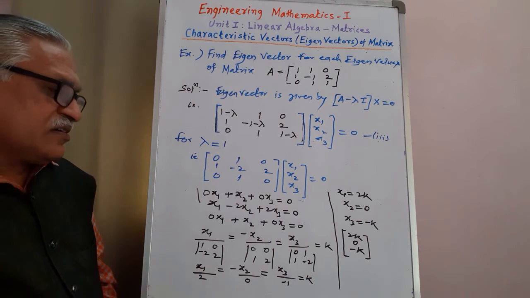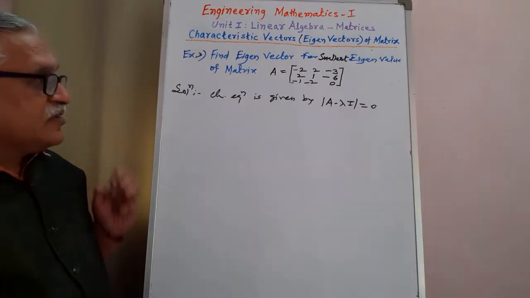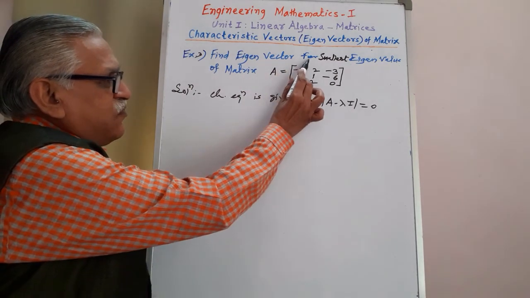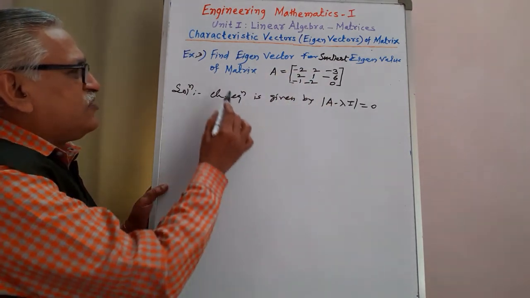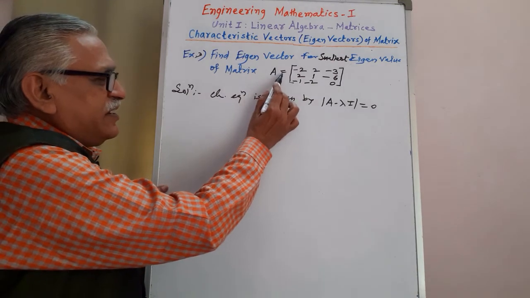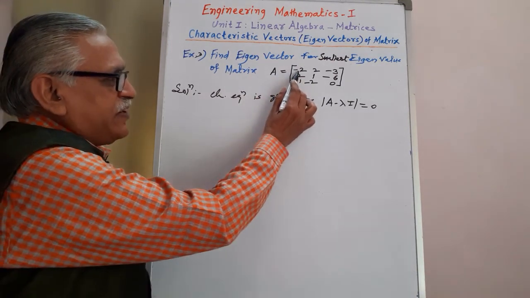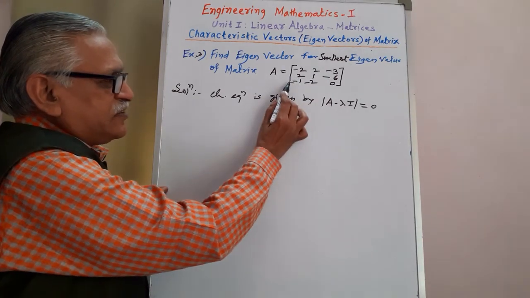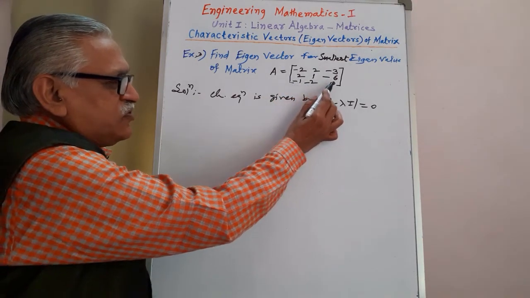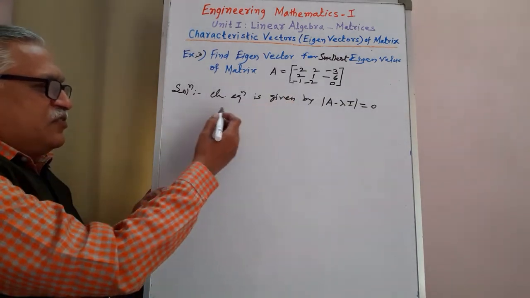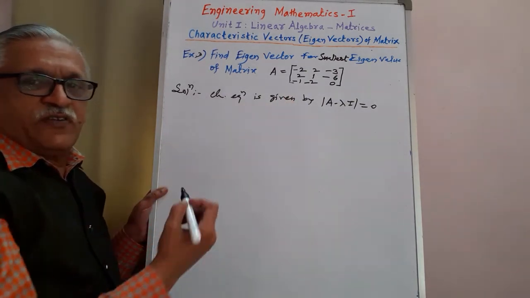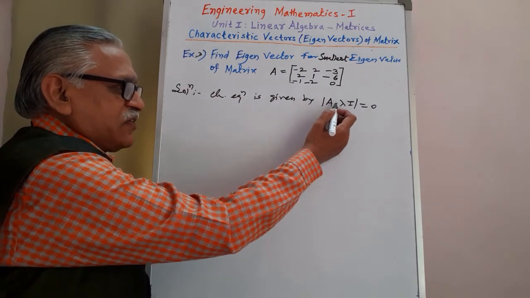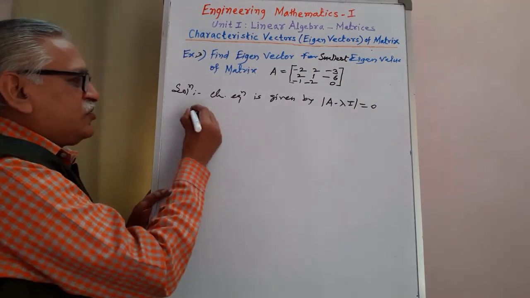This is the required eigenvector. Third example: find the eigenvector for the smallest eigenvalue of matrix A with first row minus 2, 2, minus 3, second row 2, 1, minus 6, third row minus 1, minus 2, 0. The first step is to determine the characteristic equation, which is obtained by determinant of A minus lambda equals 0.